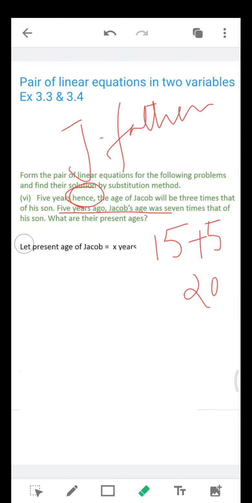So to begin with, let the present age of Jacob be x and the present age of his son be y years, two variables, okay. Then 5 years hence, what is the first condition? What do you mean by hence? 5 years later. 5 years hence is nothing but 5 years later.